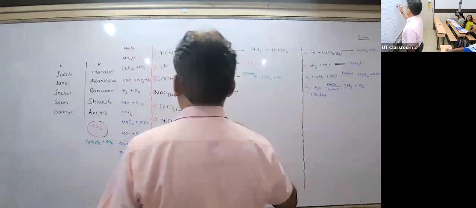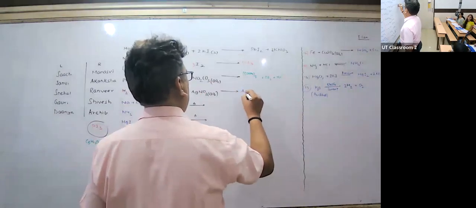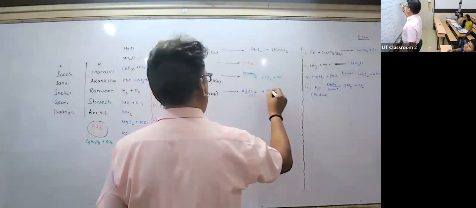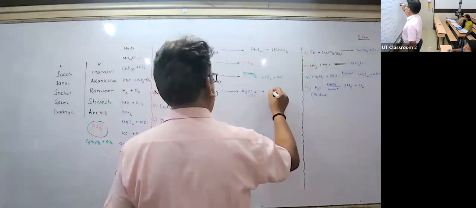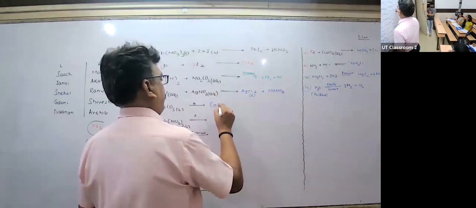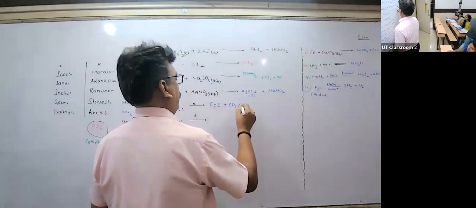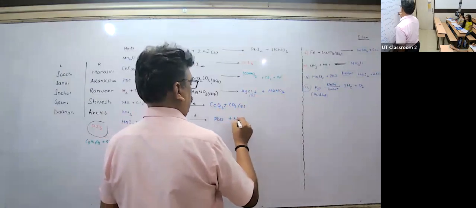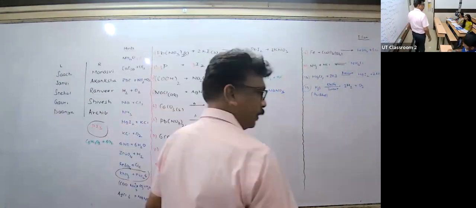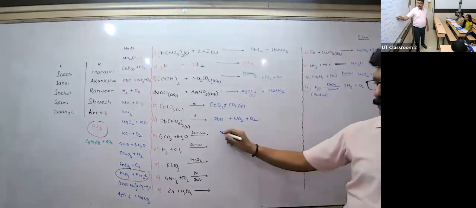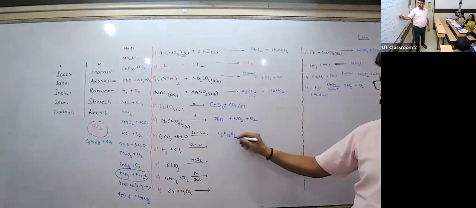Very good. Done. Good. Excuse me. You added it, right? This one: 6 C6H12O6 plus 6.